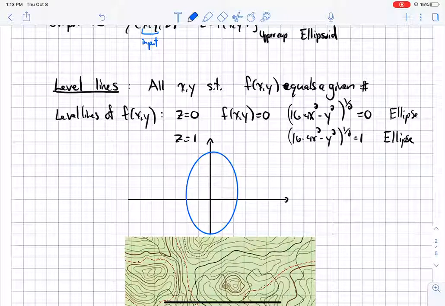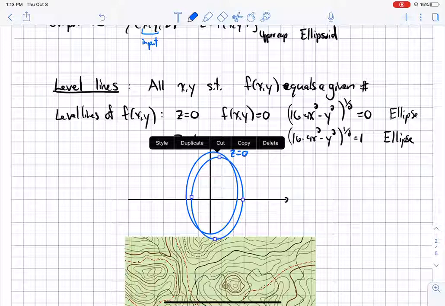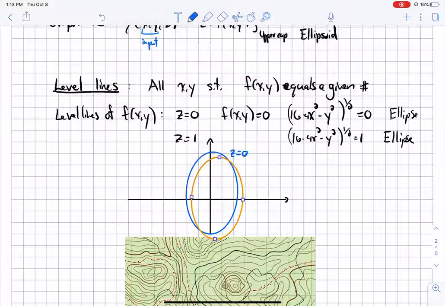Okay, so that's, let's say, all the x, y such that z equals 0. I'm going to duplicate this one, and I'm going to make it orange, and then I'm going to scale it a little bit. Okay, and so if you solve this equation, not solve but simplify, it will give you an ellipse which is inside.